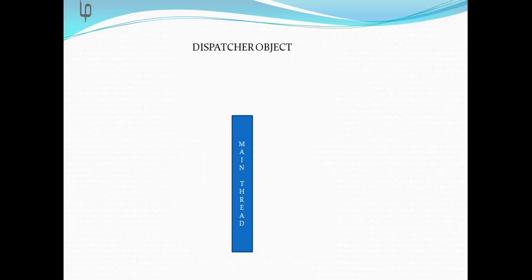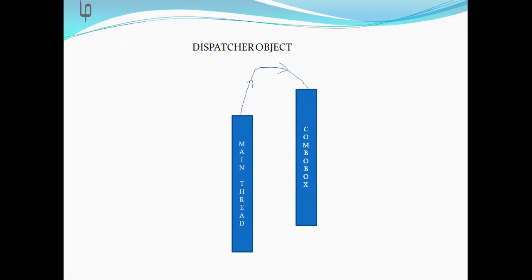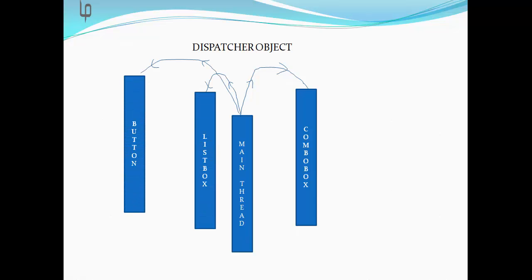In your application, say there is a main thread, and it spawns another thread to create a combo box, another thread to create a list box, and another thread to create a button. Sorry for the crappy diagram, by the way. Now if the main thread wants to modify something in another thread, say it wants to change the name of the button, it cannot do it directly, because each element created within a thread is bound to that thread only.